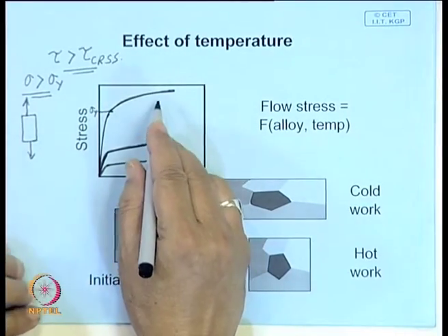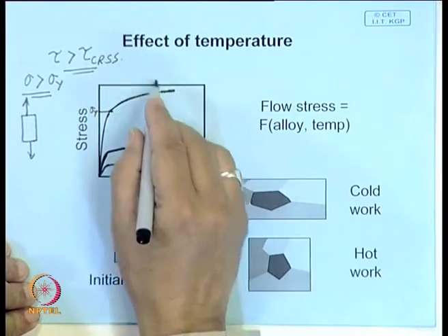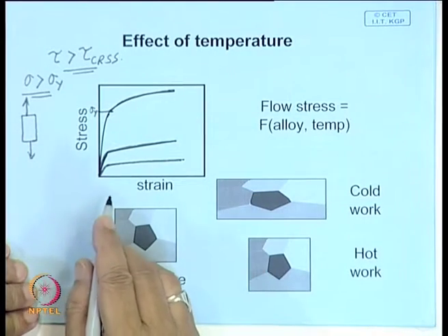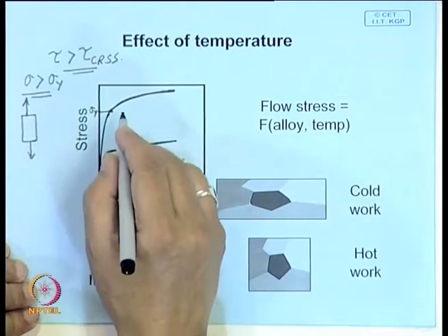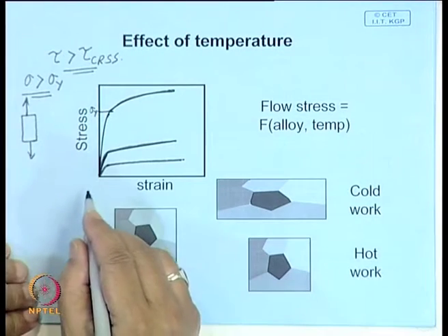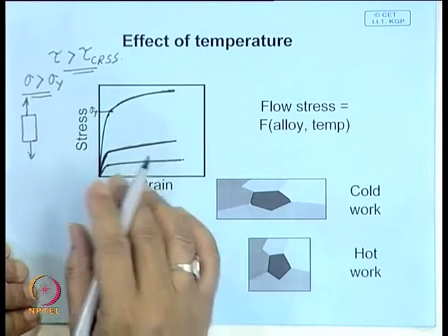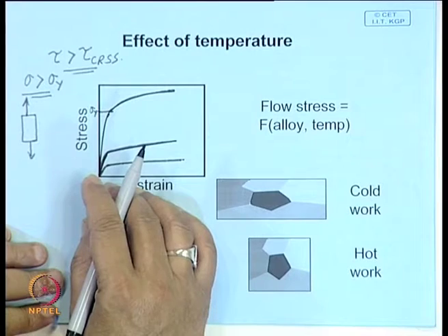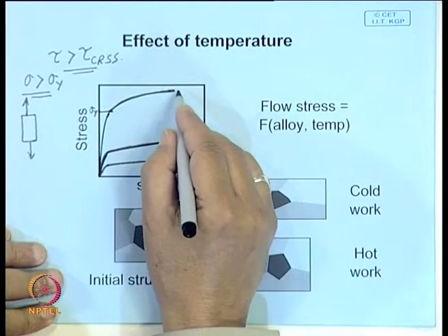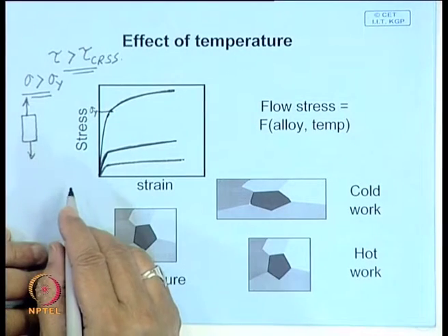And another important demarcation we should make here is that while we talked about this kind of stress strain plot in tensile testing, where we are more interested in determining yield strength and ultimate tensile strength, when we want to work a metal, we want more information about the ductility, and in fact the higher the ductility, the easier it is to form.